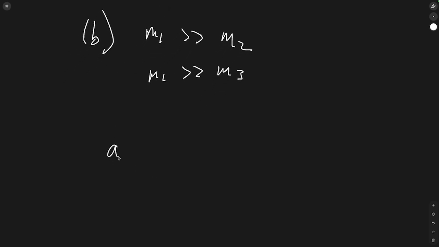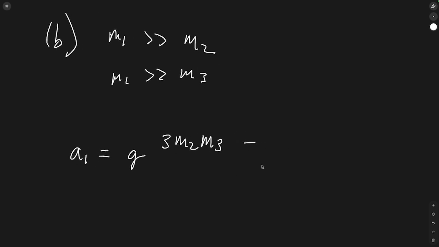So a1 should just be g. If m1 is much bigger than m2 and much bigger than m3, then we have 3 m2 m3, which is a really small number, because we're going to compare it with this, which is much bigger.